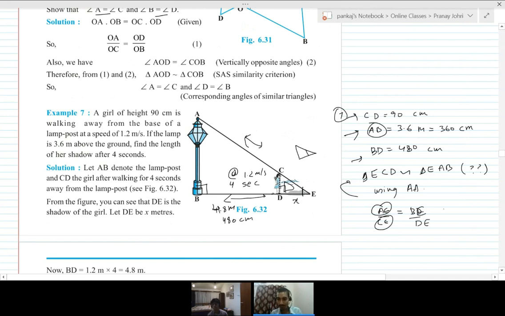Can we take AB by CD? Because AB is given, CD is given, and BE can be written as X plus BD, that is 480. BD is X. Is that helpful?